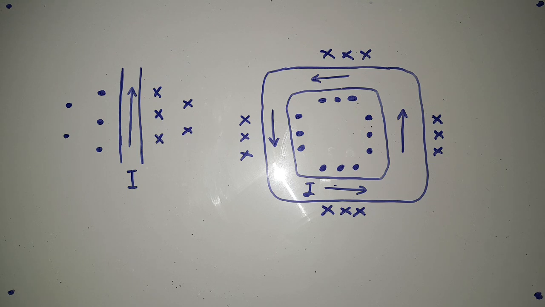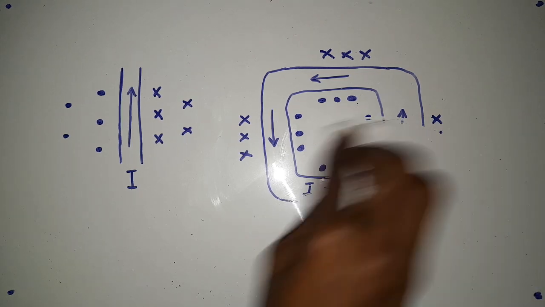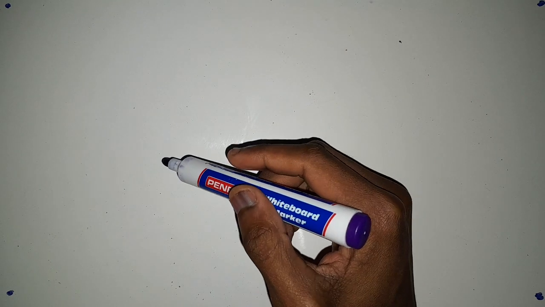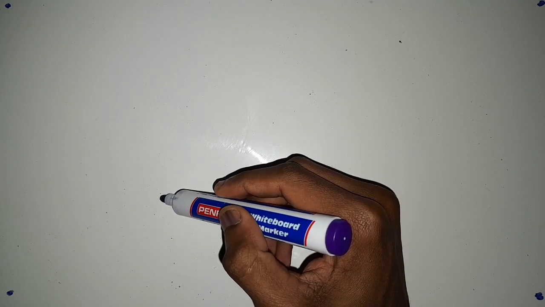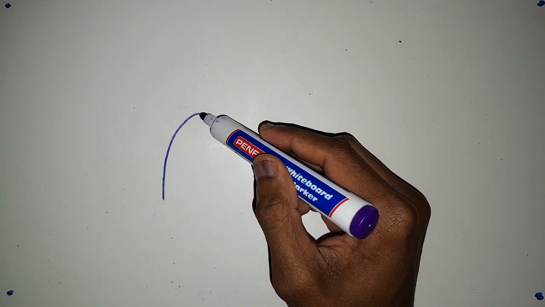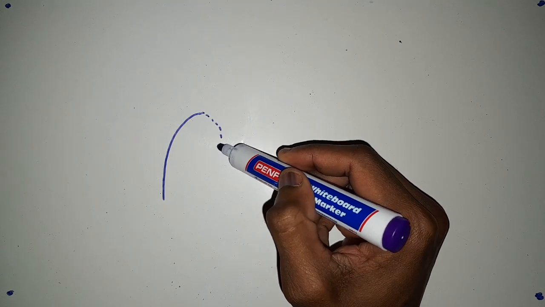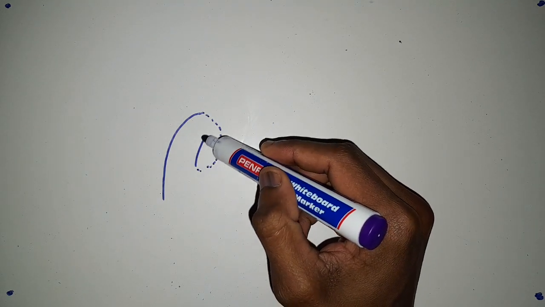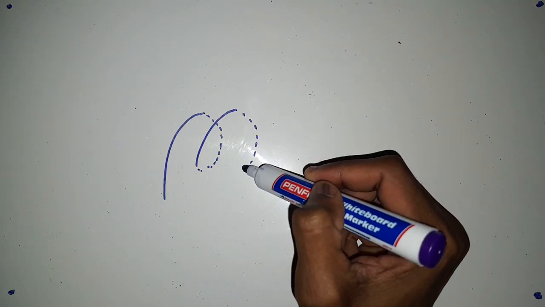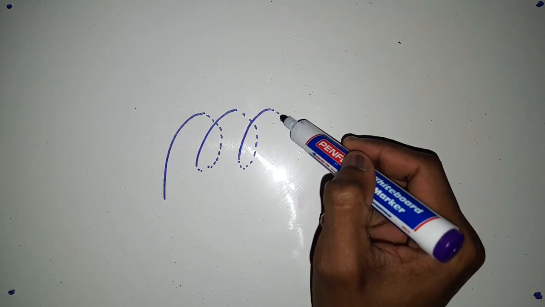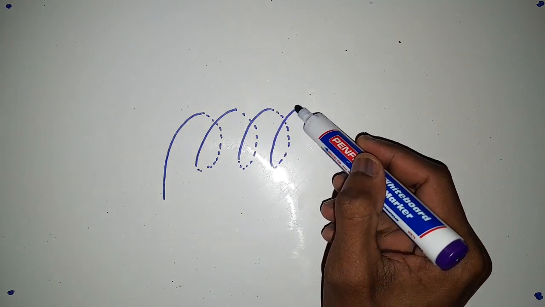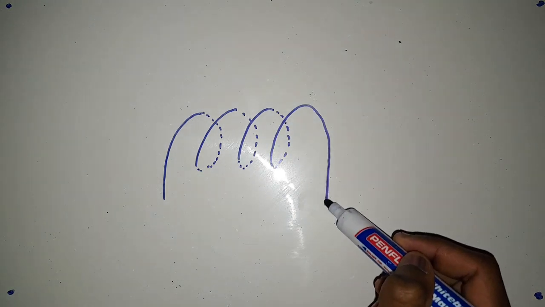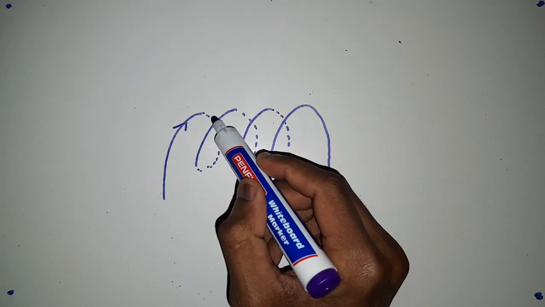Lastly, let me explain the solenoid. A solenoid looks like this. We have so many coiled wires, like this.